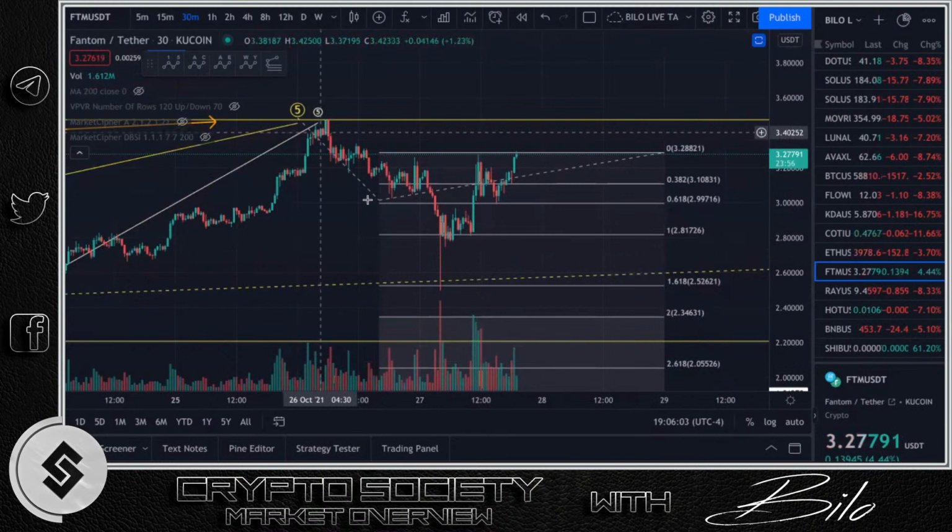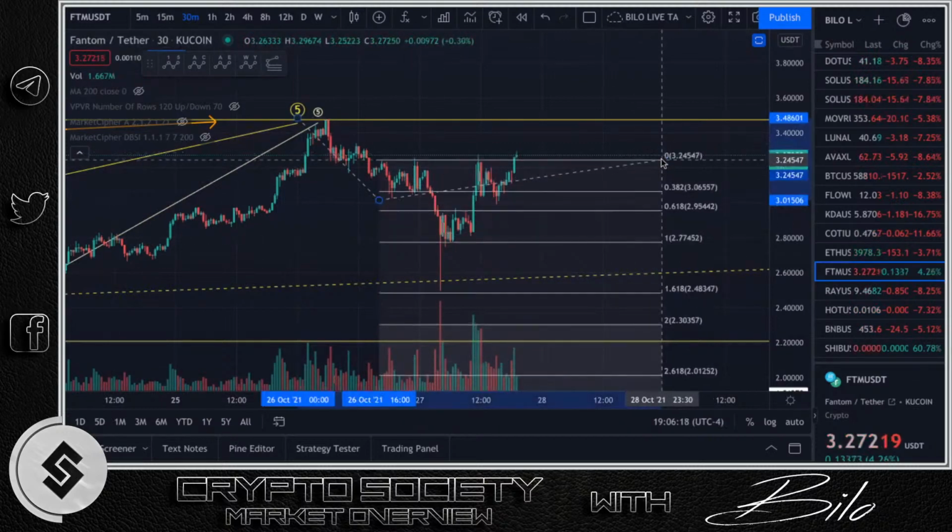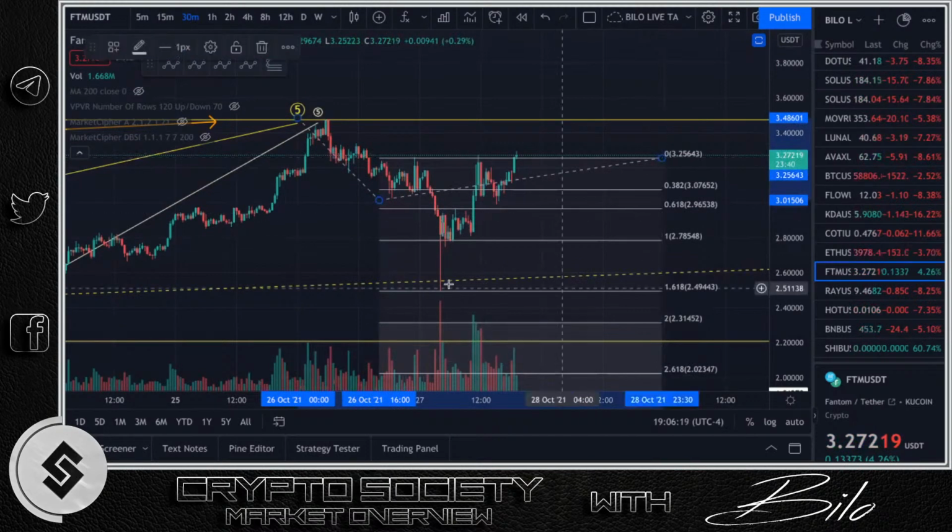Well, if this was A and this was my B, look at my C. Look at that. It just amazes me sometimes. I didn't say this was going to happen. I'm just saying it's amazing that it bounced exactly at 1.618.